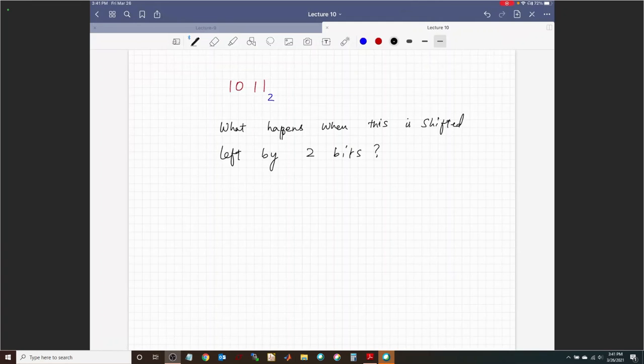I don't have any limitation on the number of bits, right? I can just shift left. So if I shift left, this is going to become 101100, right? I'm bringing in 2 zeros. That's right.